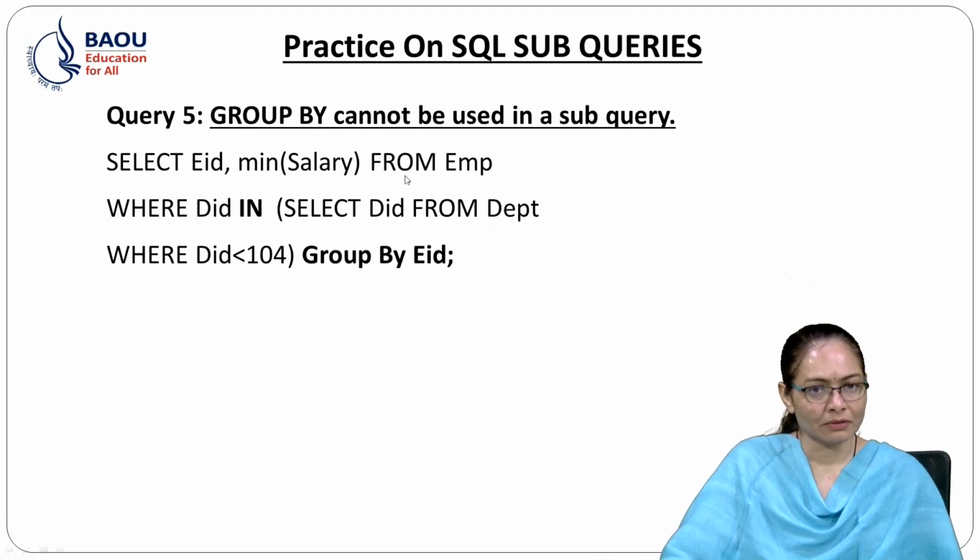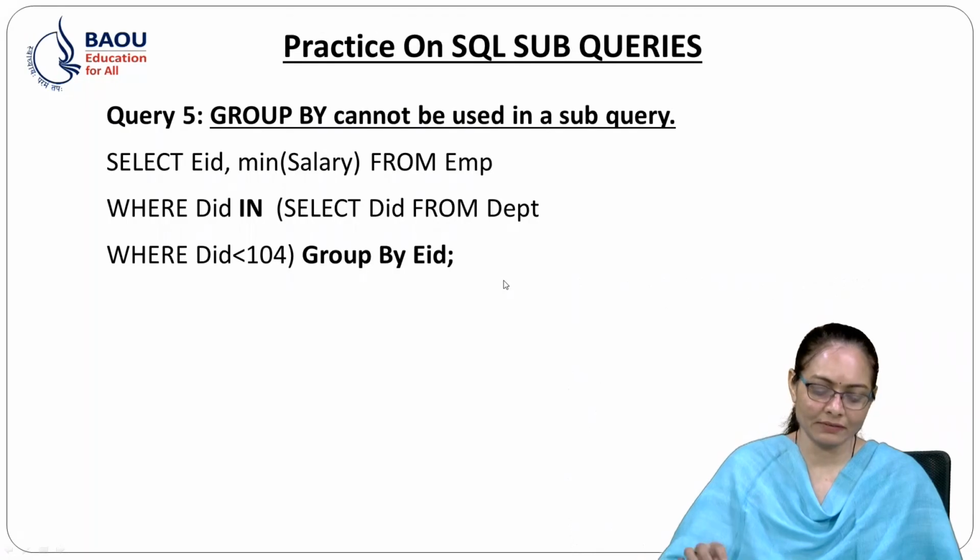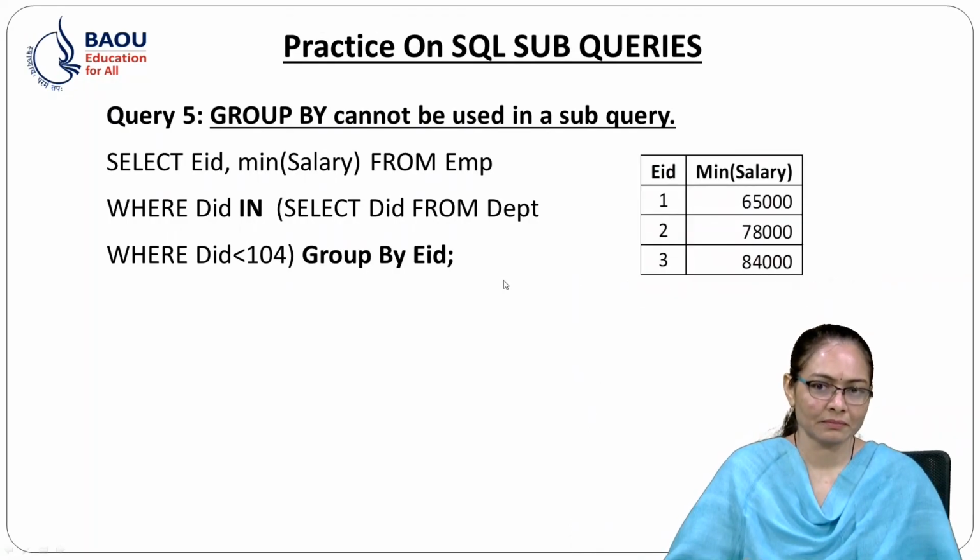Using this condition, from the employee table EID and minimum salary are found, and this is grouped by EID, because it will display employee wise minimum salary.